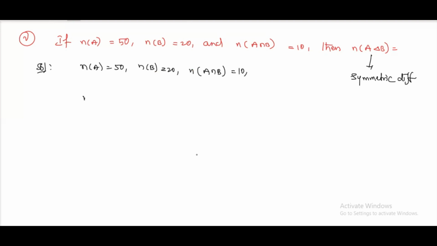If I look at the formula for n(A Δ B), we have two formulas. One is (A − B) ∪ (B − A).